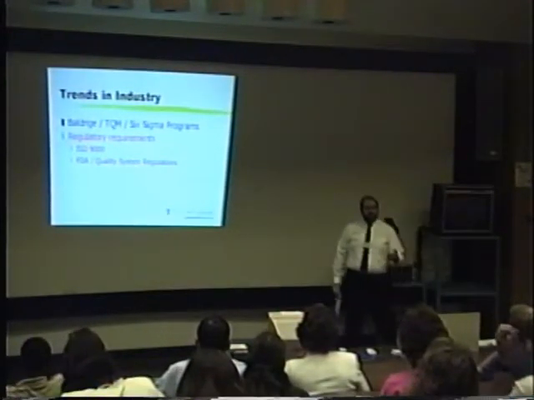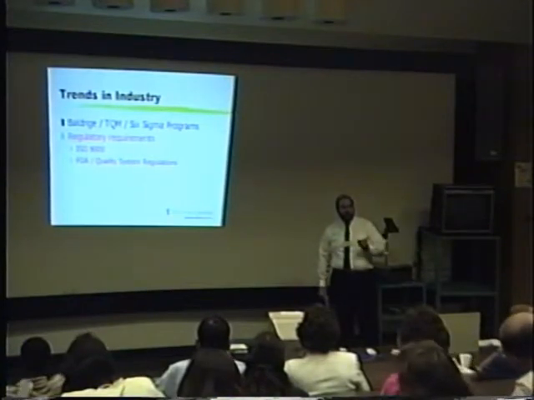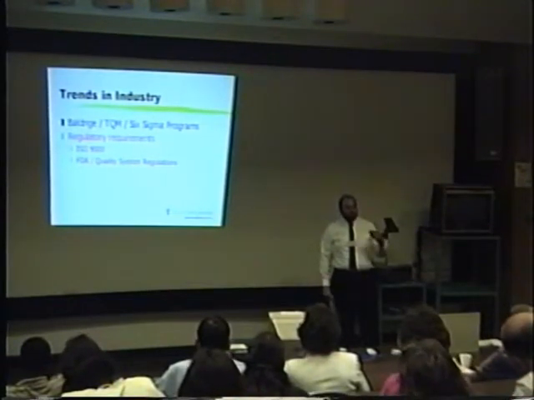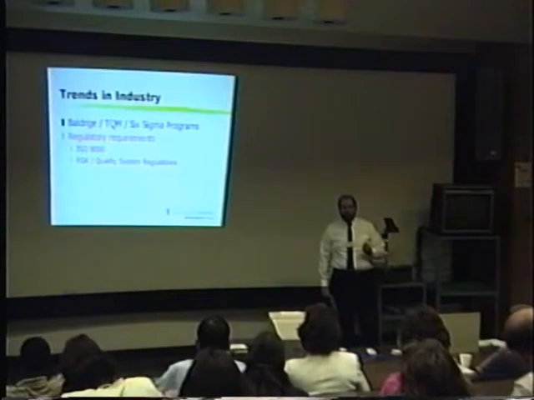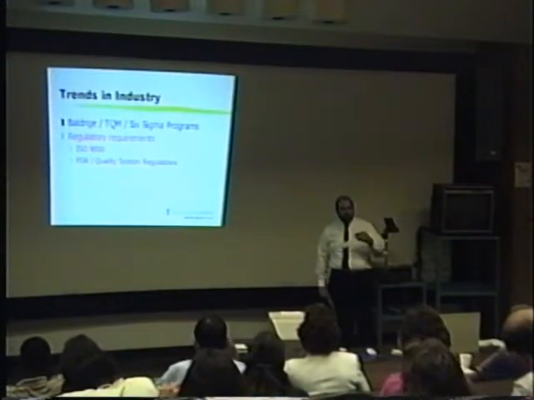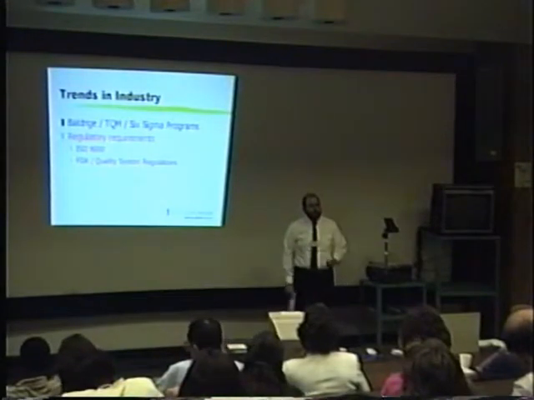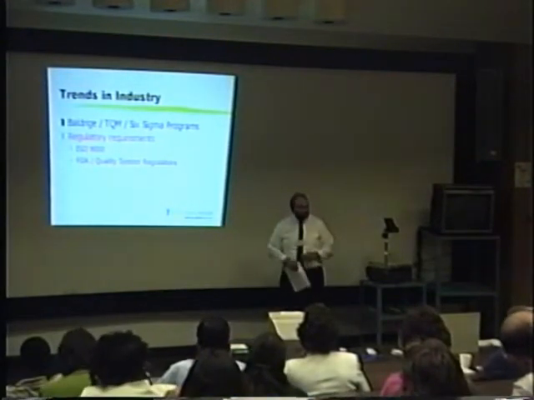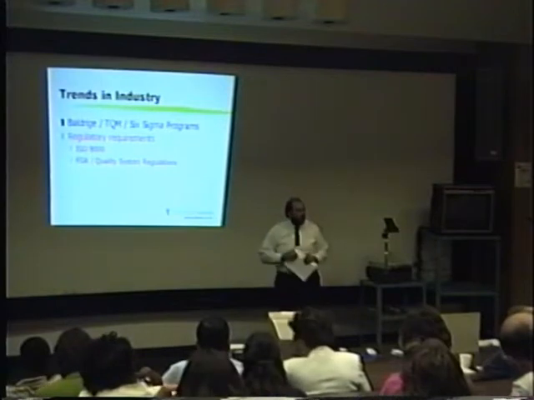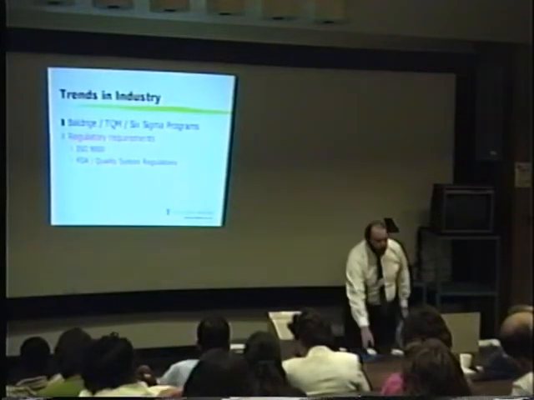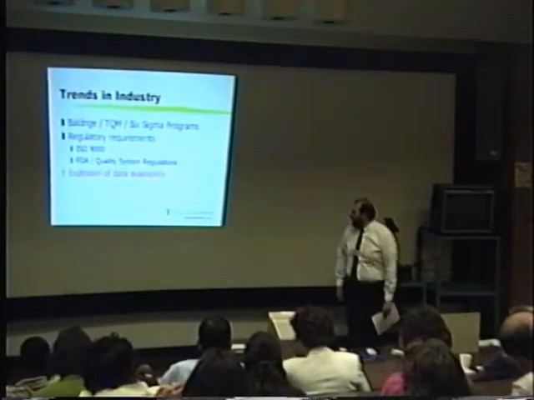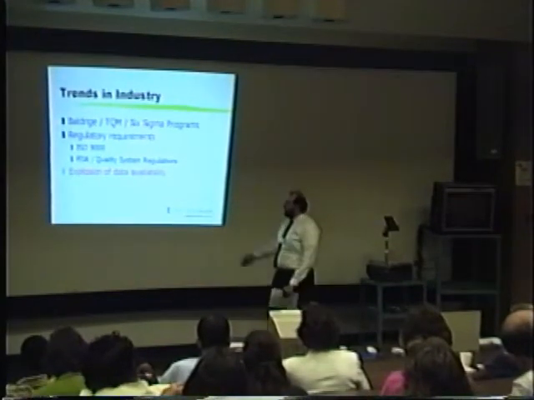While it doesn't specifically say you have to do this or that, it asks the question, are you using the most appropriate statistical techniques where they should be used? And in terms of applications and auditing, they're asking questions like design and analysis of experiments, use of data, the analysis of data, and so forth. So these are also trends that are helping promote the use of statistics in industry.